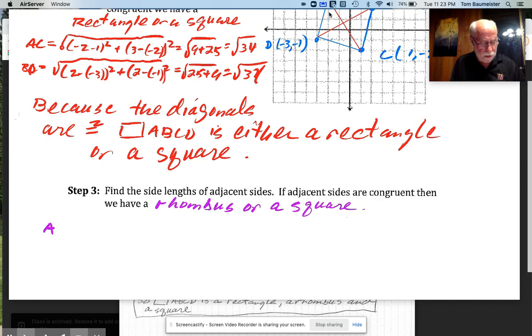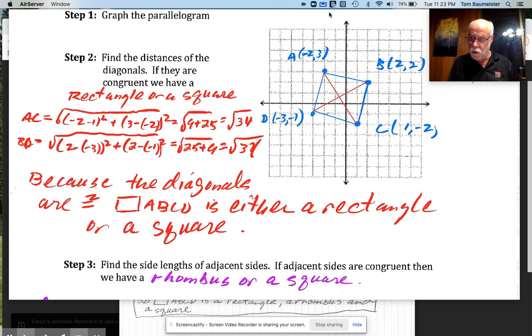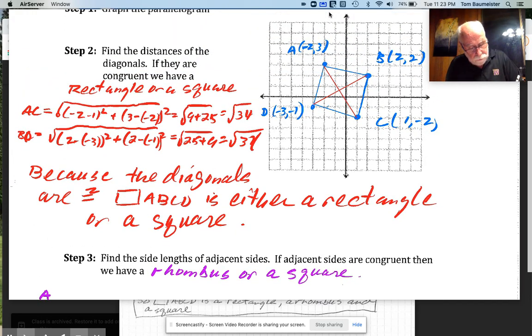So again, we're going to take two sides. So I took AB and I took BC. I'm checking to see if those two, I tick marked them, but I'm just checking to see if my tick marks are going to be true or not.